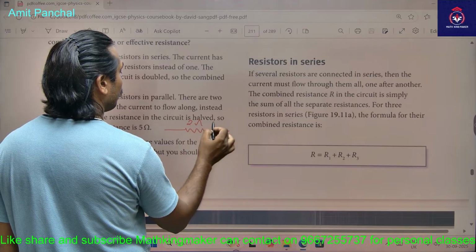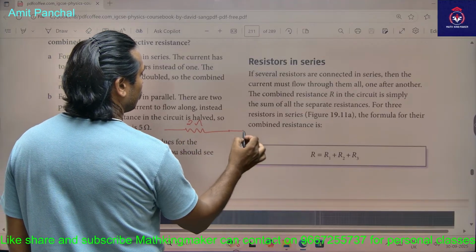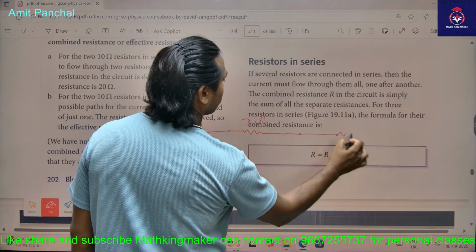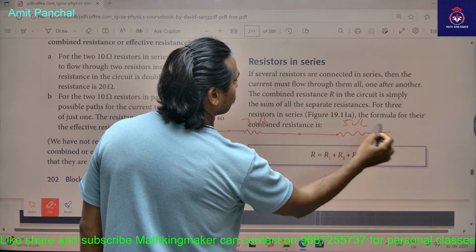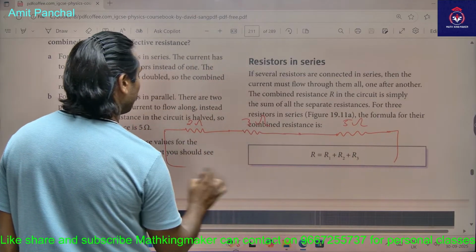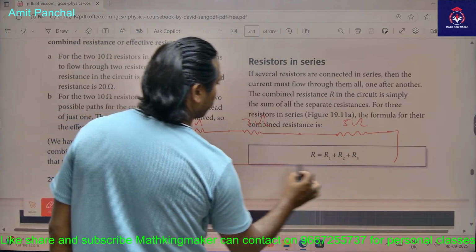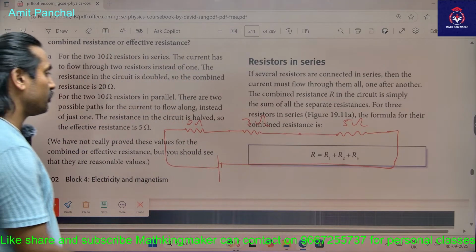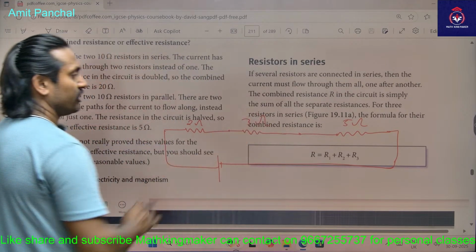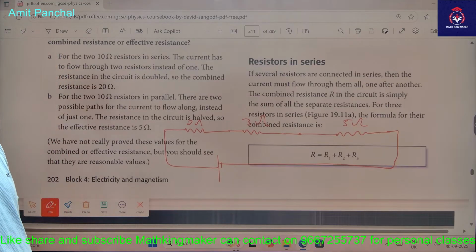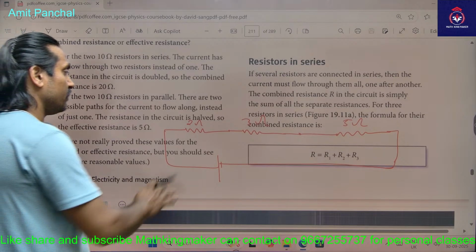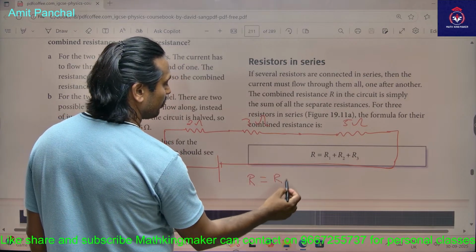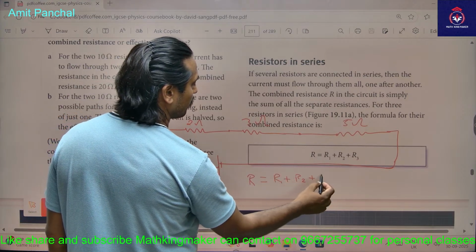Let us say 2 ohm resistance, another resistance is 3 ohm resistance, another resistance is 5 ohm resistance. So if someone is asking you what is the total resistance or what is the equivalent resistance, so simply what you are going to do, you just have to check whether it's a series combination or a parallel combination. So if it is a series combination, then the effective resistance will be given by R1 plus R2 plus R3.